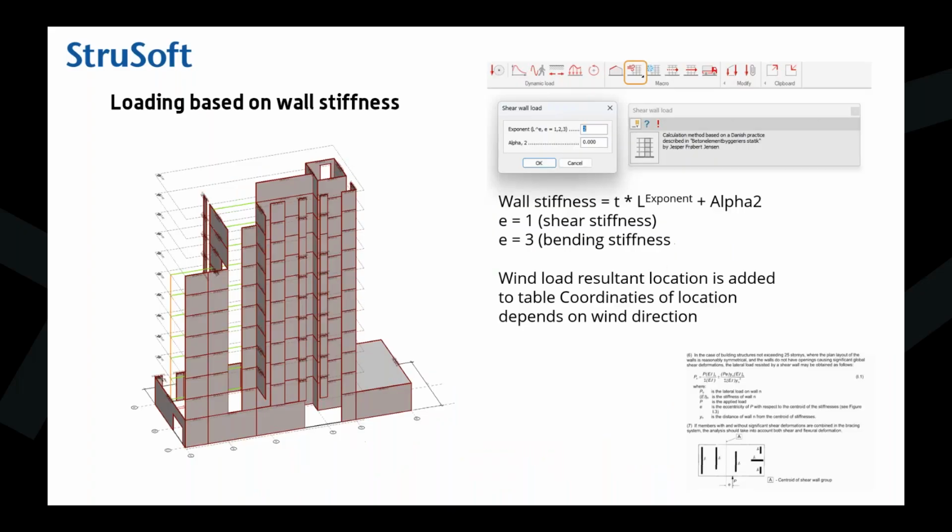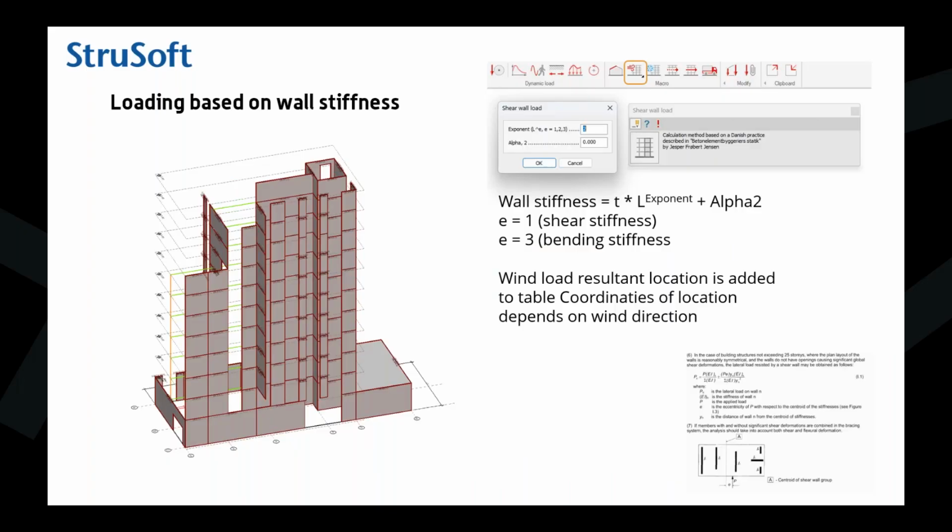And finally, we have this method which doesn't have any stiffness, so the floors are not in the model at all. Then we need some method to put the wind load on those walls, and we have a tool called core wall or shear wall wind load. Now we can decide the criterion for how we distribute those loads. So we have an exponent. The exponent tells you whether we want to use the bending stiffness, which will be exponent 3, or shear stiffness.